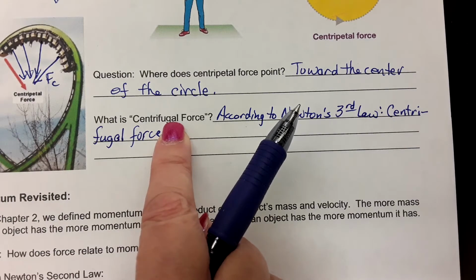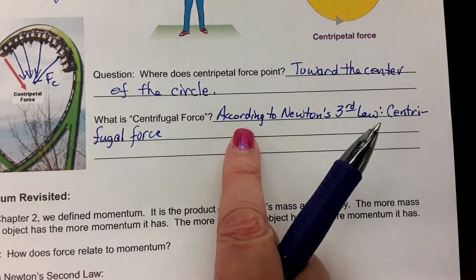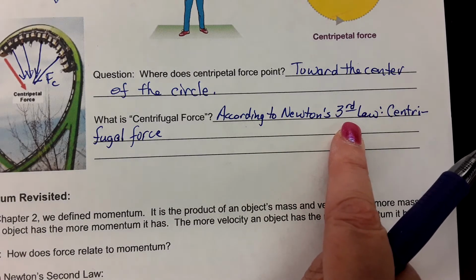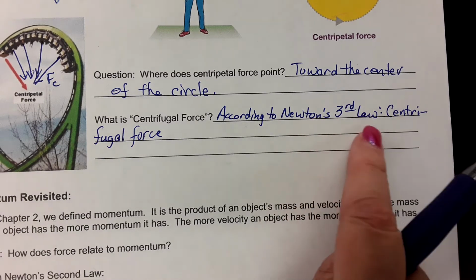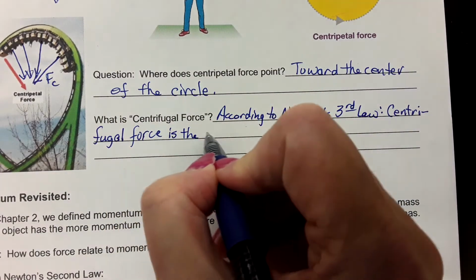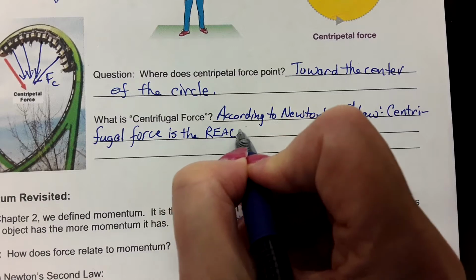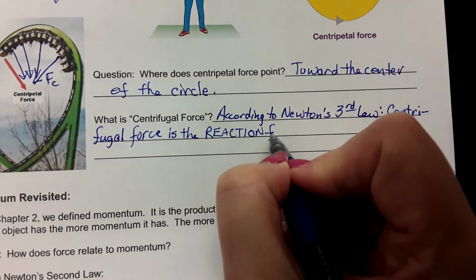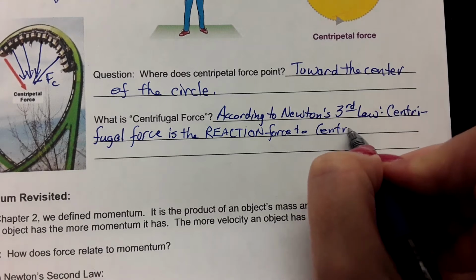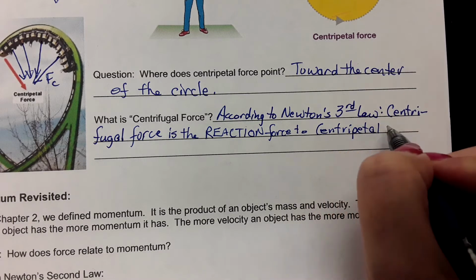According to Newton's third law, and here's where we're going to pick up from where I made my boo-boo, all right, centrifugal force is the reaction force to centripetal force.